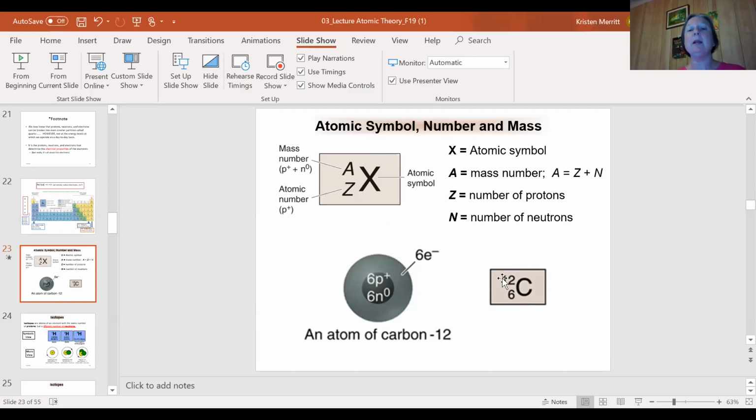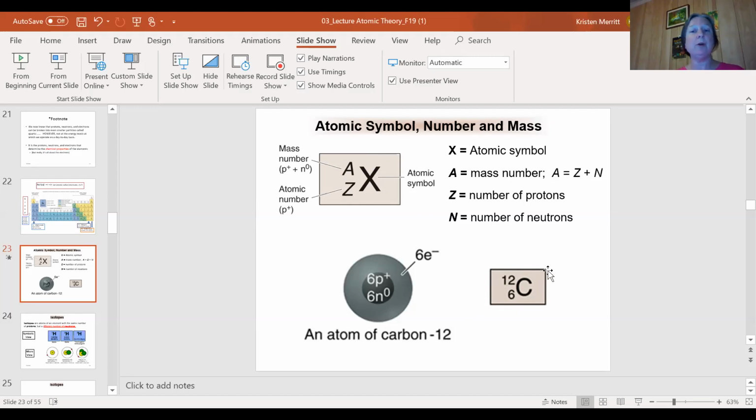The top number is the mass number. It's the components that are giving the atom mass. So what gives it mass? Protons and neutrons. So added together, that goes up in this corner. So this is both of them together, and this is just protons. So we can look at this and know this has 6 neutrons, because 12 minus 6 is 6.